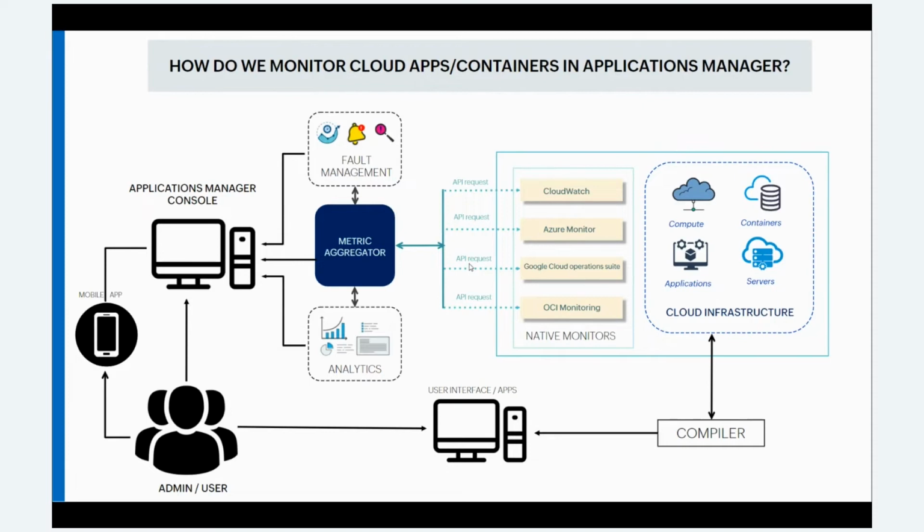And how does this plug and play monitoring work? From the tool, we hit the CloudWatch APIs for Amazon, for Azure. We hit the specific metric aggregator, that is, the data collection happens via API, and similarly for GCP and for Oracle Cloud. So the data collection happens via a REST API and through other JDKs as well. So no agent is deployed, which means there is no load on the end resources, on the end target machines.